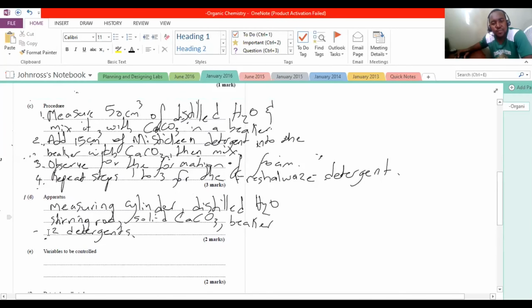All right, variables to be controlled. Let's go. So what are the control variables here? The volume of water. Next, volume of detergent.